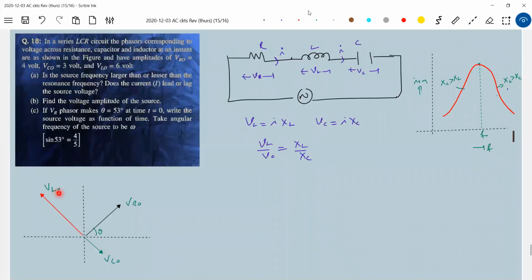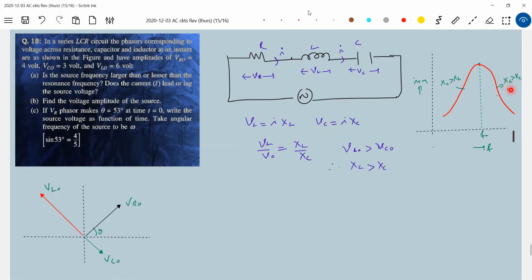So since VL is greater than VC, I can also write XL greater than XC. No need to think about that. You can look at it: the drop across the inductor is greater than that of the capacitor. So therefore XL must be greater than XC. So it is not at resonance.